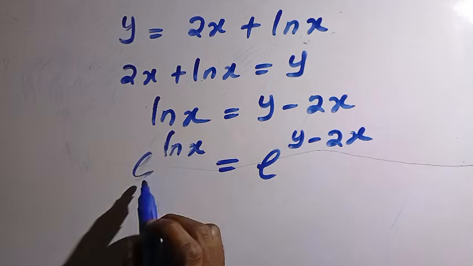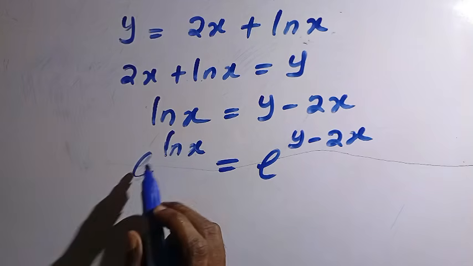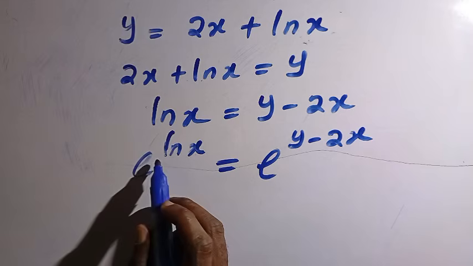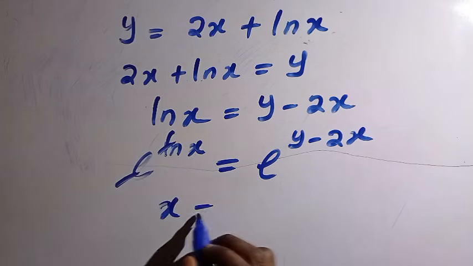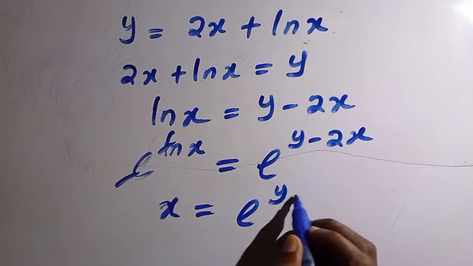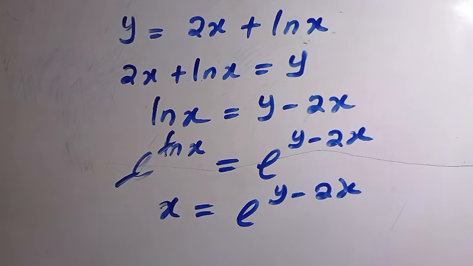Anytime the ln and exponent meet together, they cancel each other, and here we have x equals exponential of y minus 2x.